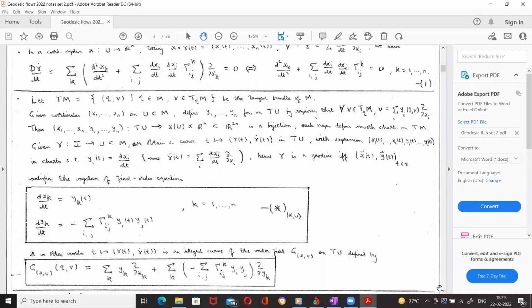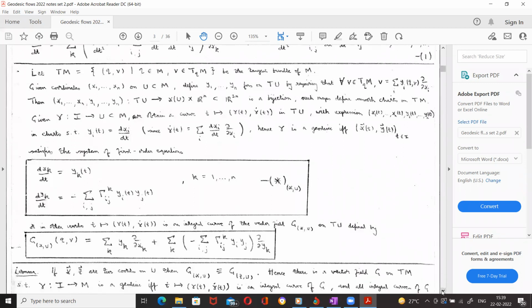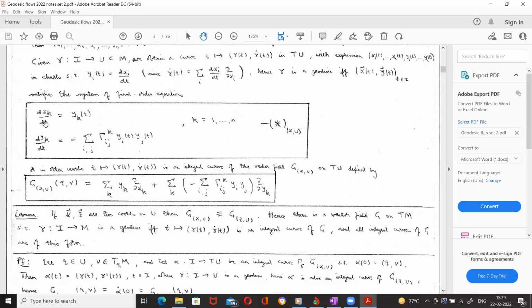So the equation I get is that dxk/dt is equal to yk(t), and dyk/dt is equal to minus the sum over i,j of Gamma^k_ij yi(t) yj(t), for k from 1 to n. So I get a system of 2n first order equations. Is this clear?